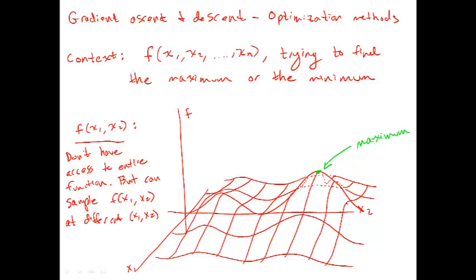Instead, we're going to use a method called gradient ascent. And how gradient ascent works is that you pick a starting point, and then instead of just randomly moving to any other x1, x2, you instead move to an x1, x2 pair that is in your little neighborhood.